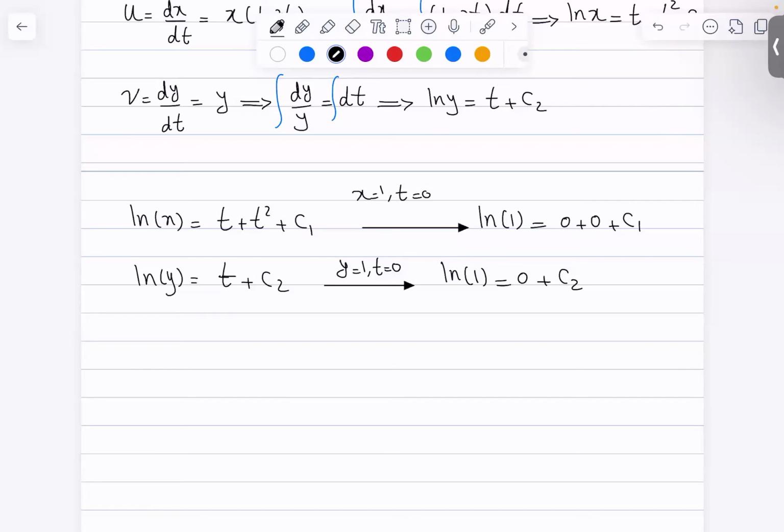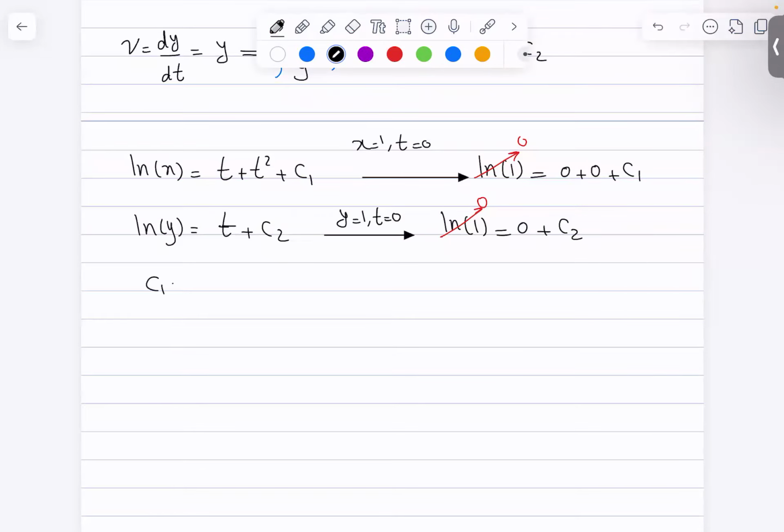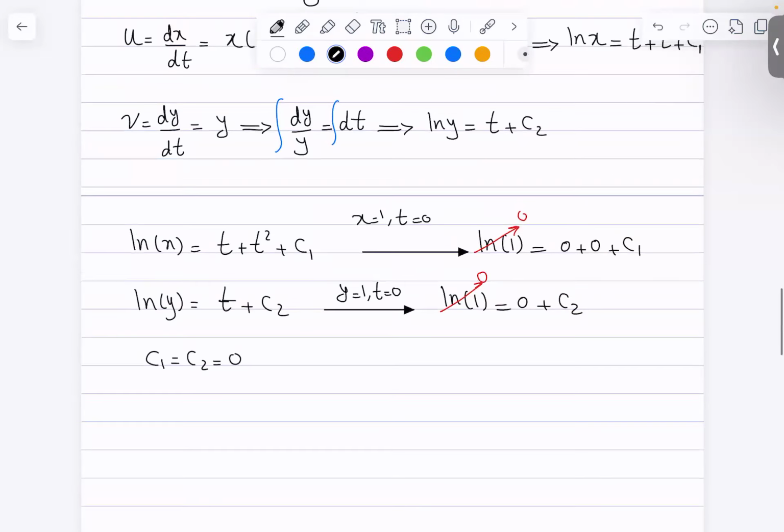Okay, now what is ln 1? ln 1 is 0, right? So what we find is c1 and c2 are both equal to 0. Okay, so that makes it very easy for us.